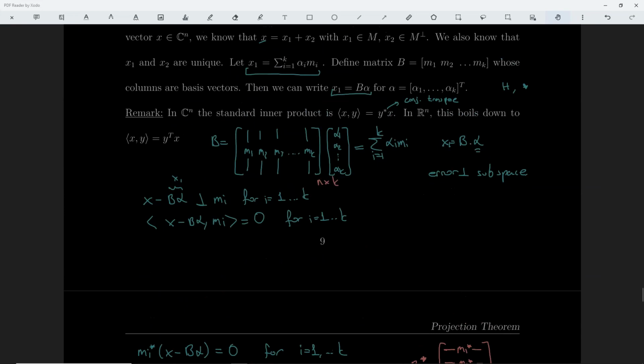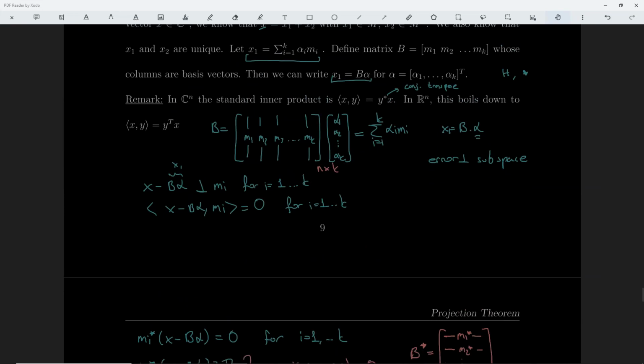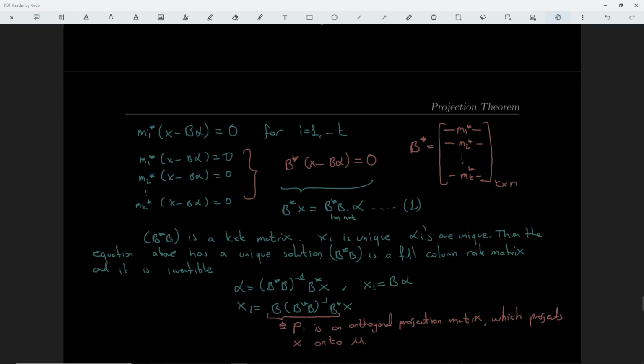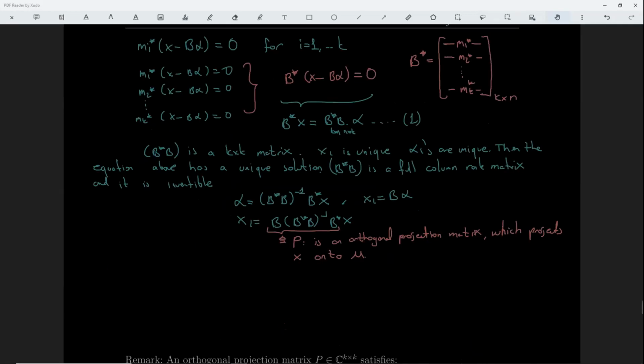So we wrote down this x minus B alpha with inner product with mi should be equal to 0 for all these i's. And then this ended up in a compact form where we ended up using this B conjugate transpose matrix, so that we were able to find the projection of the given vector x onto our subspace by a matrix multiplication.